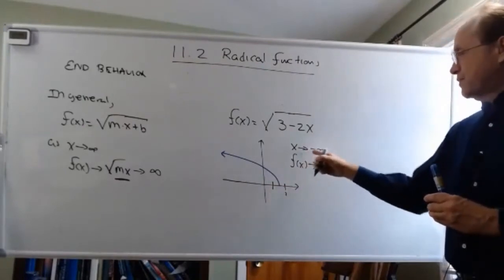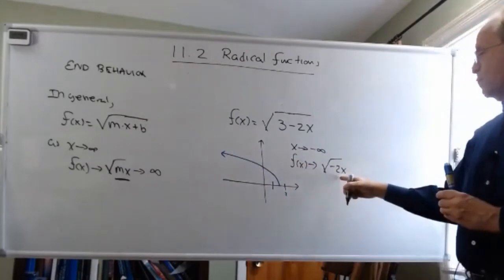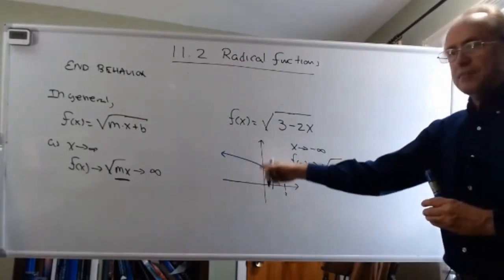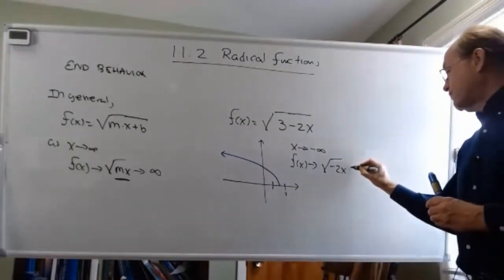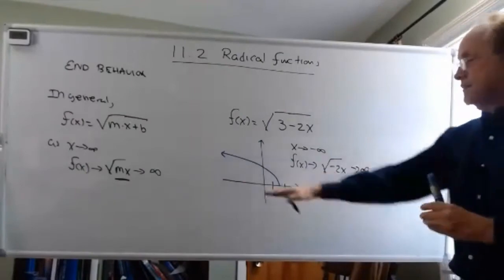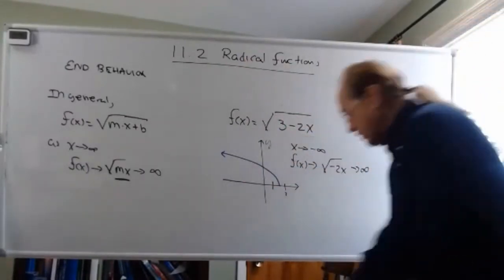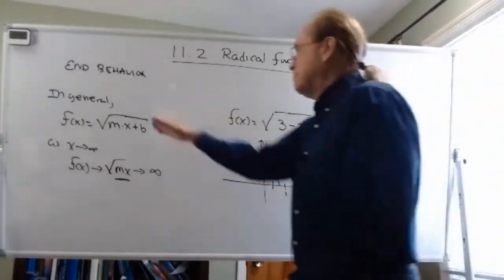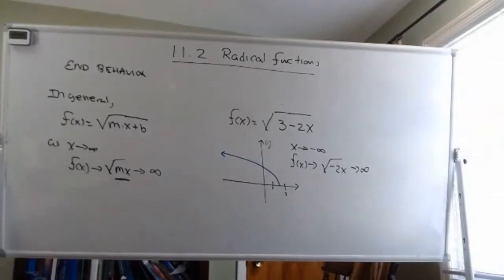That's only going to be defined when x is out there. And you'll see that will work out because it'll give me that negative 2x. So when it's negative, it's not going to give me anything. We'll show that on Desmos here. Now, the result of this also goes to positive infinity along the y-axis. So whether I'm going to plus or minus infinity depends upon the radical, the argument of that square root function.